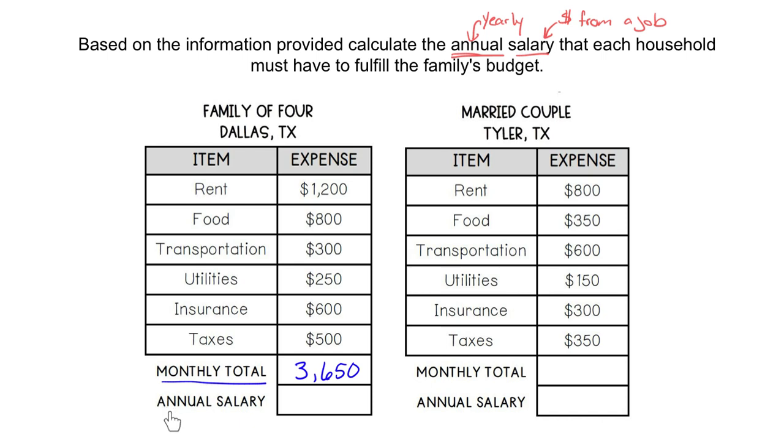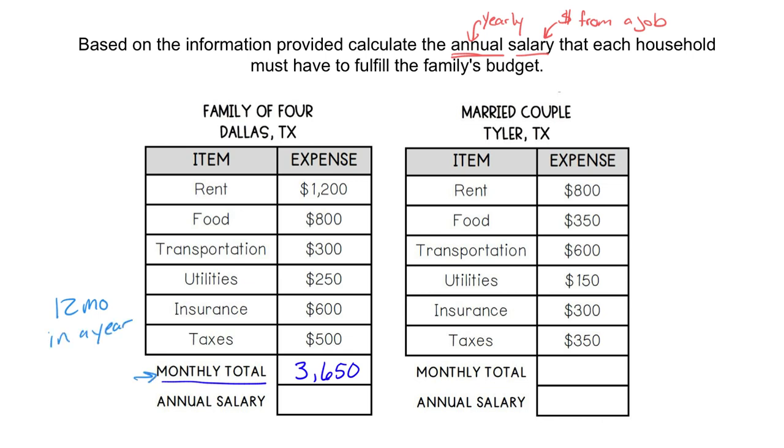Now to figure out the minimum annual salary, the smallest amount that they need to make for the year to make sure they pay this every month, a couple things I need to remember. How many months are in a year? I have 12 months in a year.